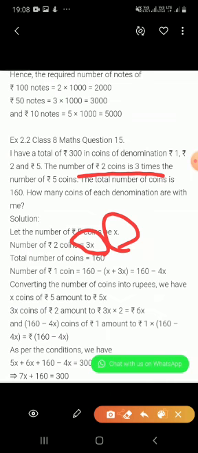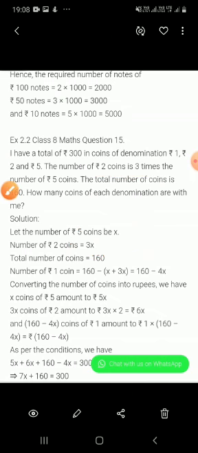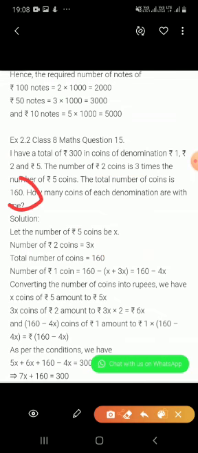Then see the next line. It is given total number of coins is 160. Total number of coins means rupees 1 coins plus rupees 2 coins plus rupees 5 coins, that is making total number of coins as 160.